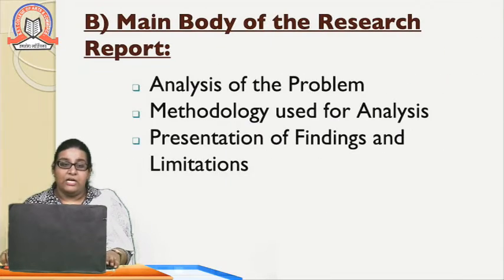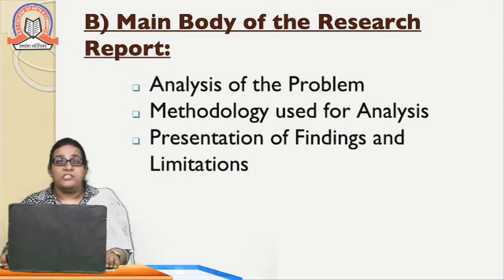Next comes the main body of the research report. In the main body, the problem or topic which we have selected for the research is analyzed, along with how we have analyzed the data. For example, if we are using primary data, the questionnaires that we collect from our customers or sample, and the way we analyze the answers of the people.